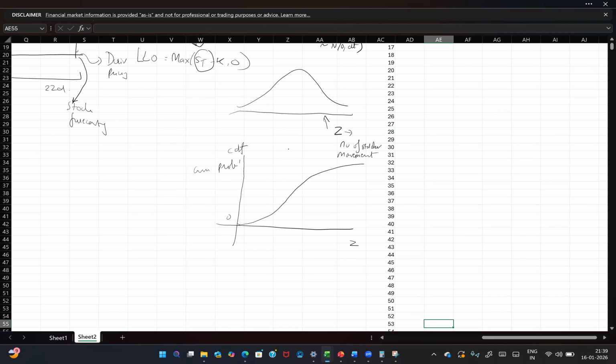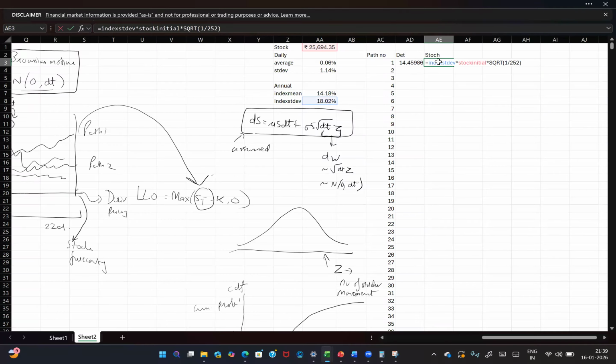So what we can do is generate a random value using the rand function that will generate any value between 0 and 1. And then we invert that to find the Z value. That needs to be inverted depending on the distribution. Our distribution assumption is standard normal distribution, so we'll use NORM.S.INV to invert it. First we generate rand, then we invert it using NORM.S.INV.